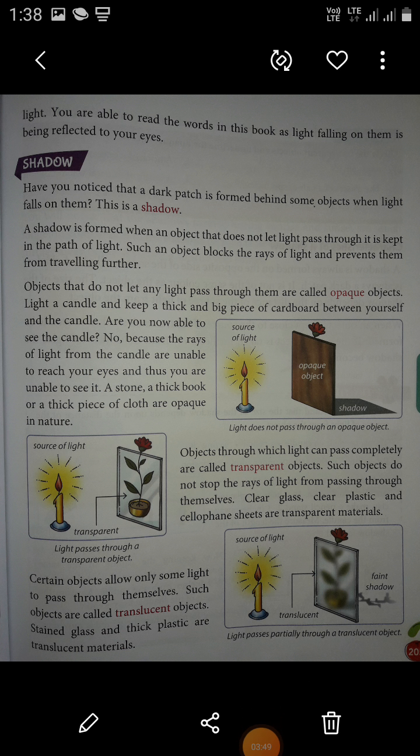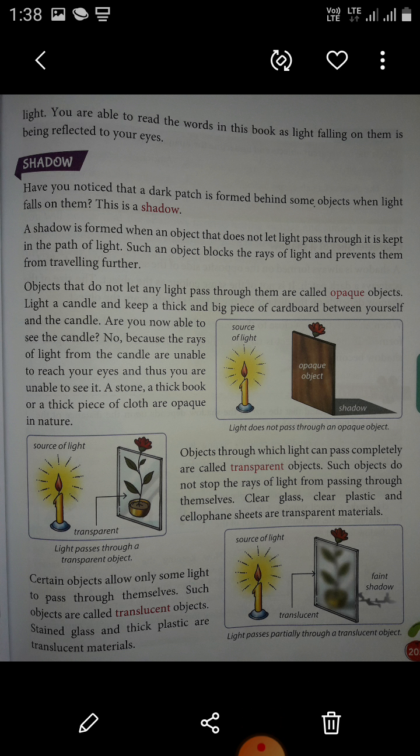Objects through which light can pass completely are called transparent objects. Such objects do not stop the rays of light from passing through themselves. Clear glass, clear plastic, and cellophane sheets are transparent materials.